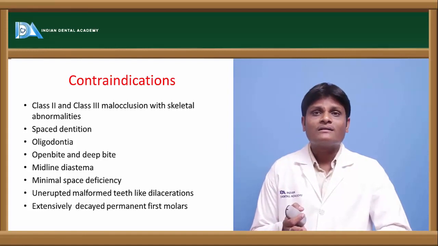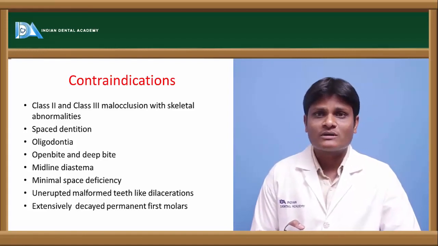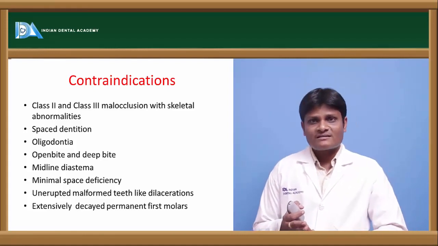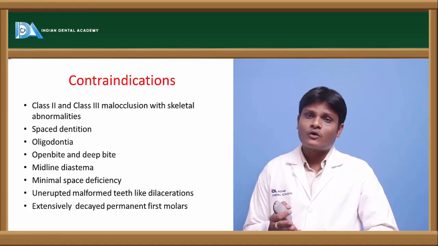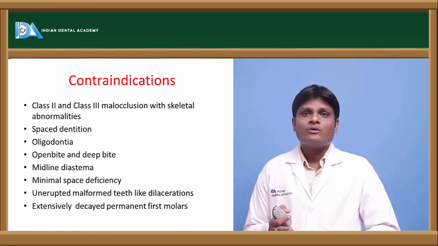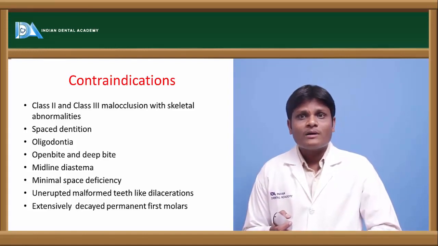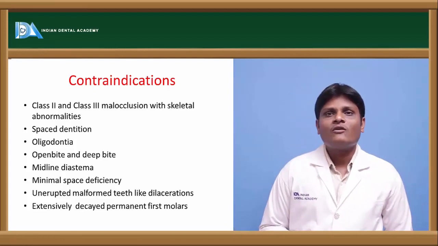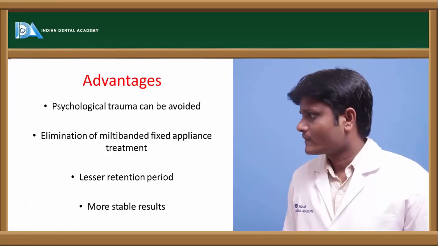So it also needs a comprehensive orthodontic treatment. And one more thing, if you are going for serial extractions in patients having oligodontia or spaced dentition, you will further complicate the problem rather than reducing the problem. So these are the contraindications of serial extractions.